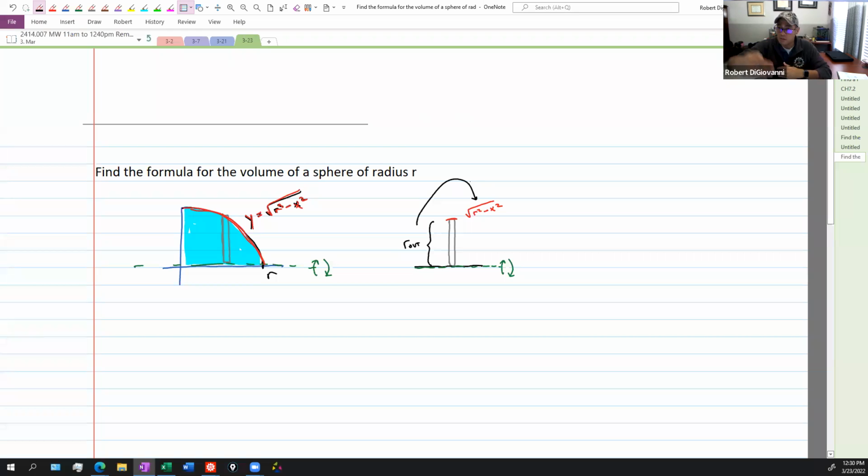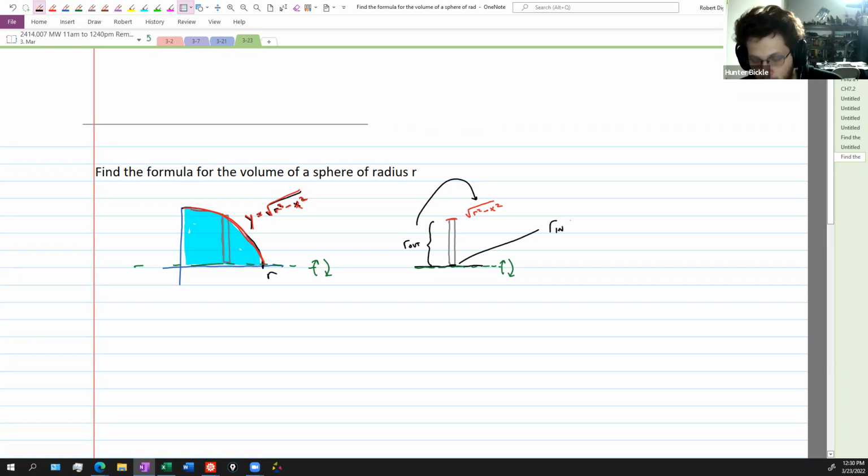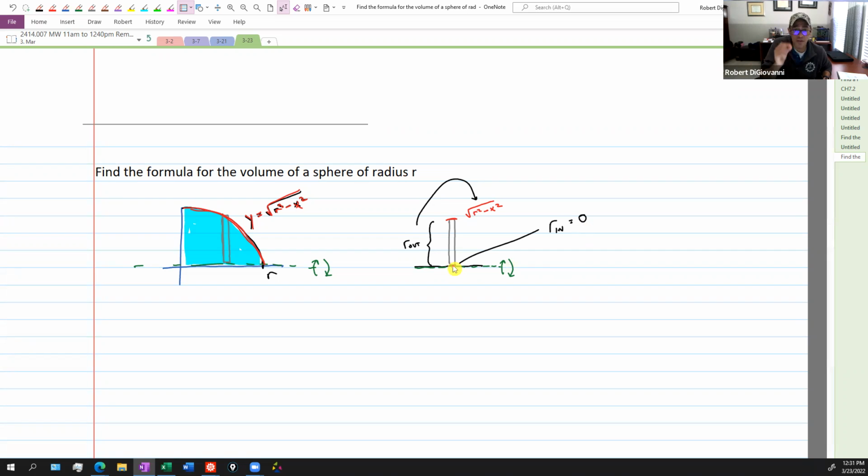The outer radius is just the distance from the axis of rotation to that edge. And what's r in? Isn't it 0? The distance from the axis of rotation to the inner edge of the rectangle is always 0 because we're touching the x-axis the whole time. So there's 0 distance between that. Okay, we have everything we need.